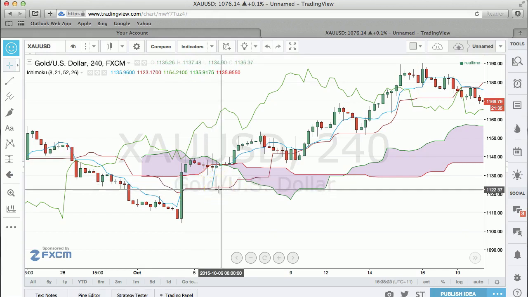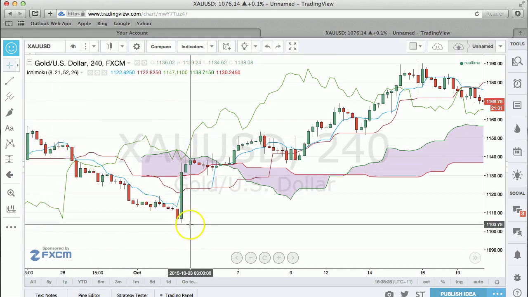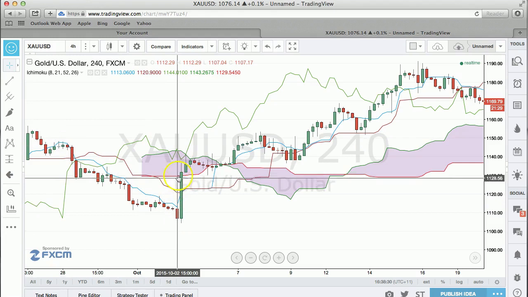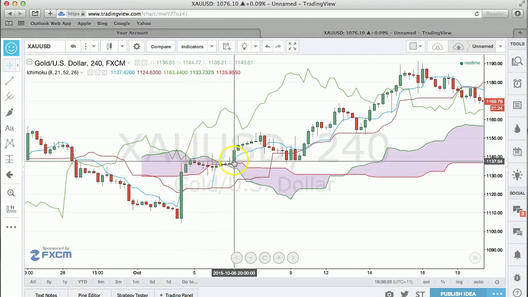That's one confirmation. Now, you'll notice that price was bearish, there was a reversal candle here, price broke into the cloud, and then ultimately price right here broke out of the cloud.